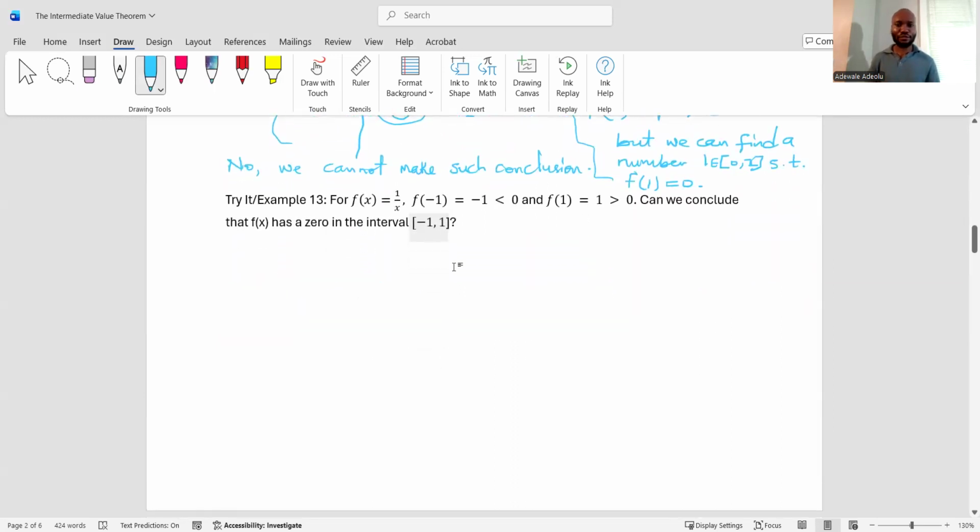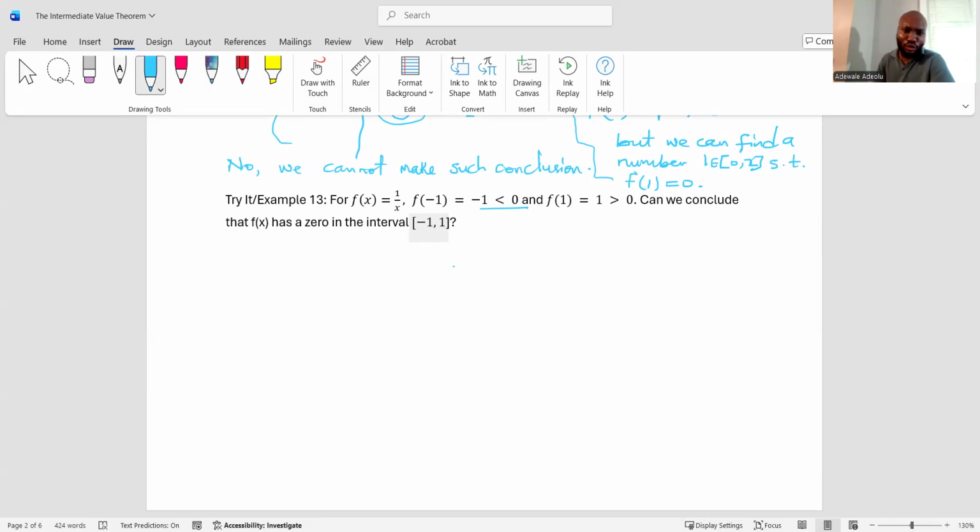Moving on, let us look at this also. For f of x equals 1 over x, f of -1 is -1, okay? And f of 1 is 1, which is greater than 0. This is less than 0, okay? Opposite signs. Can we conclude that f of x has a 0 on the interval?